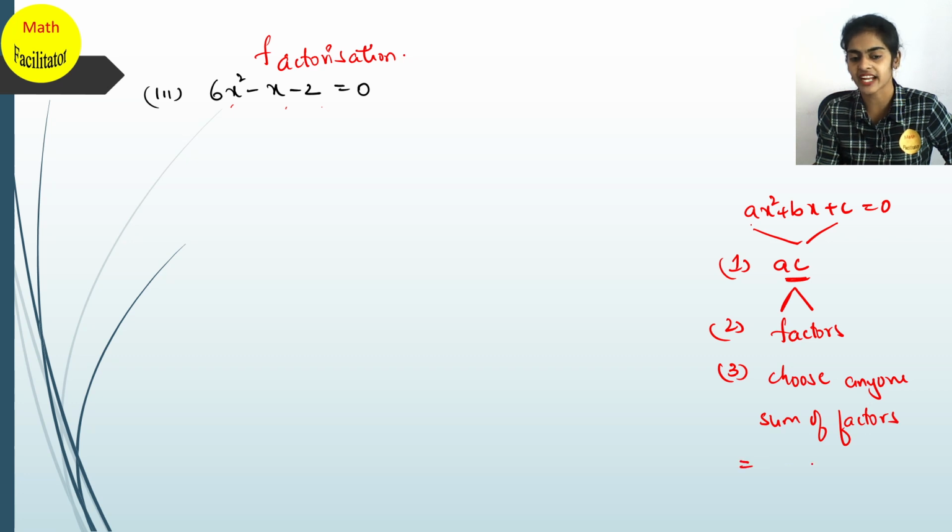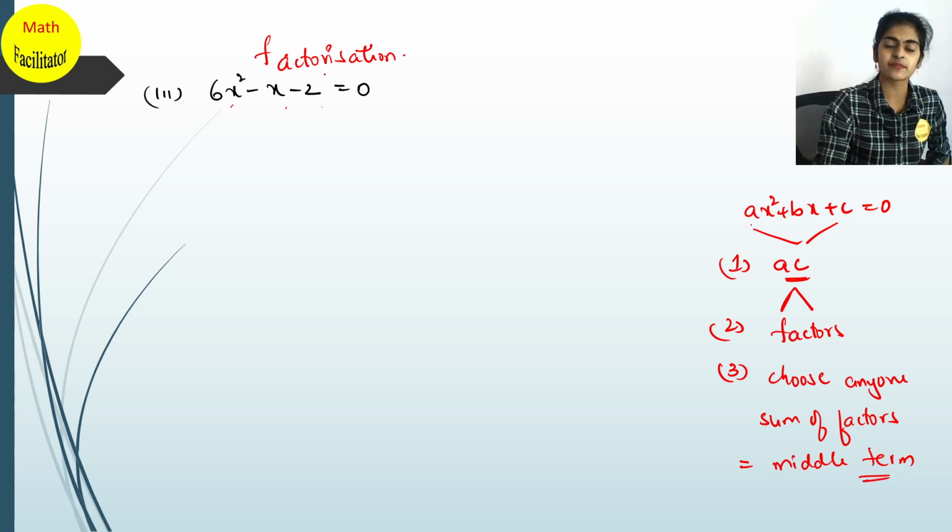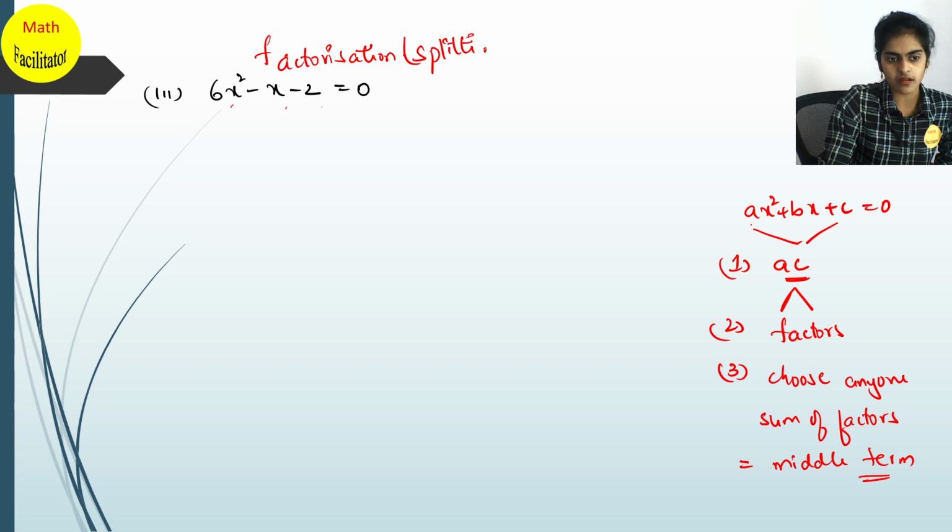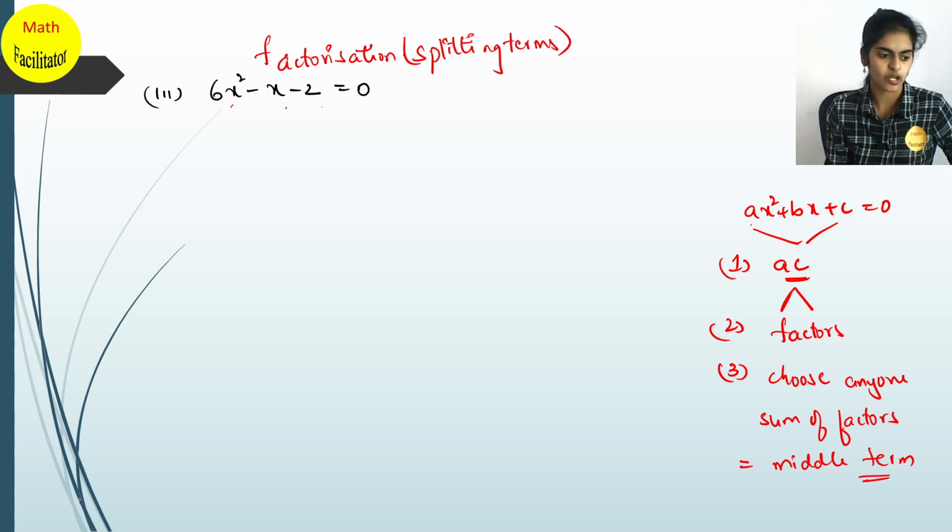The same factorization method you can also call splitting the middle term, since you are dividing the middle term into two factors.